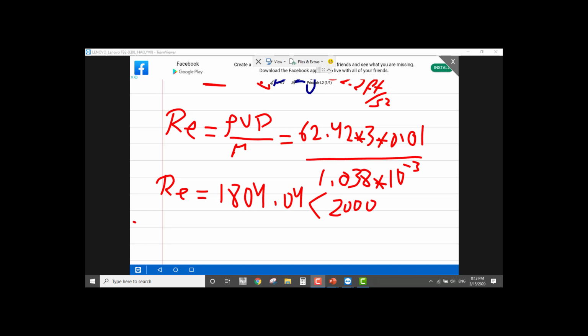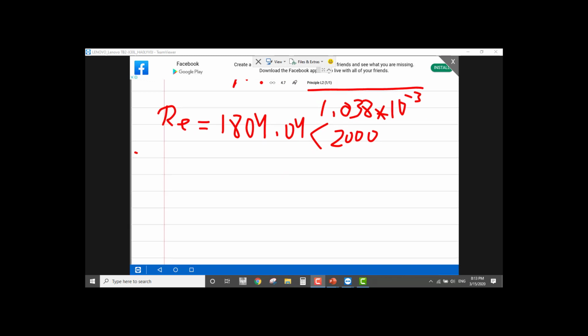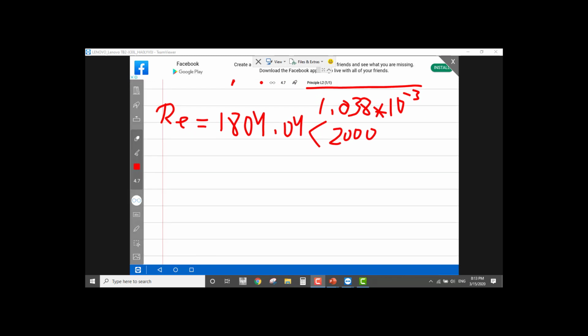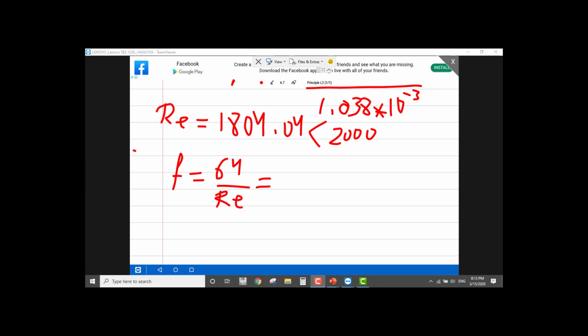So from here we can say that the flow is laminar. Once it is laminar, then we can calculate the friction factor, which is equal to 64 over Reynolds number. So 64 divided by 1804 gives 0.0355.